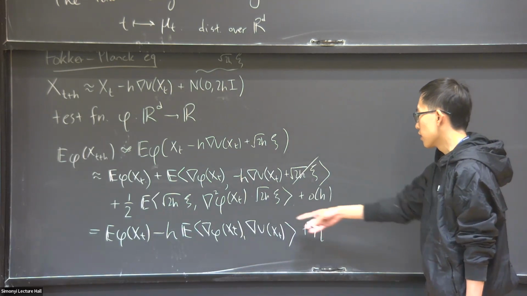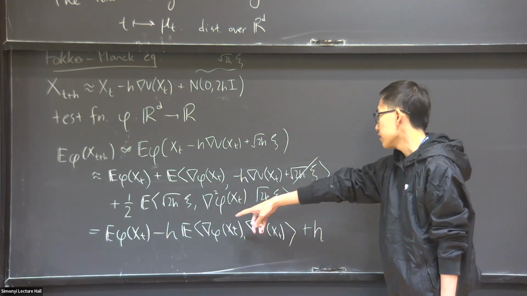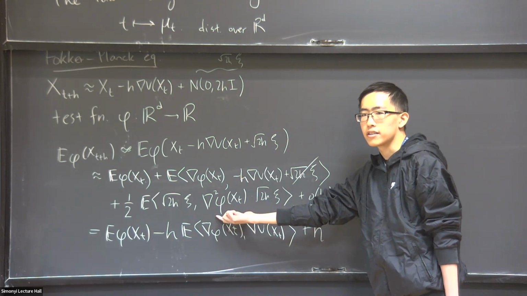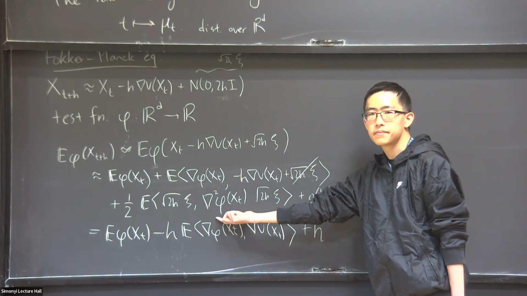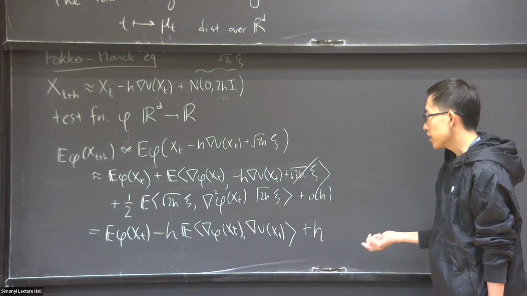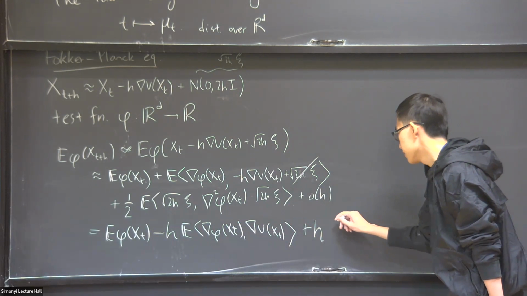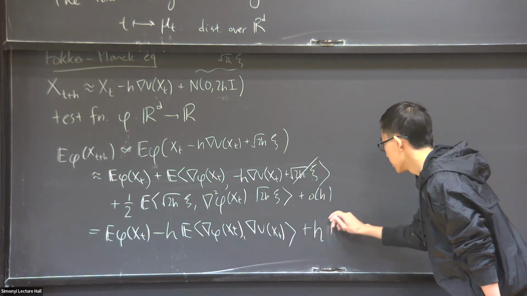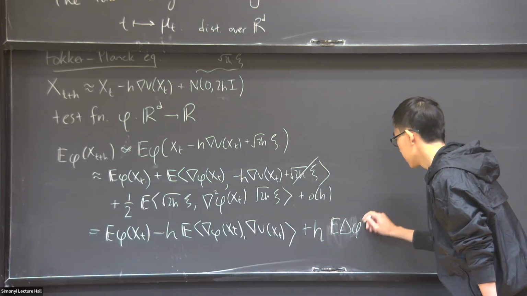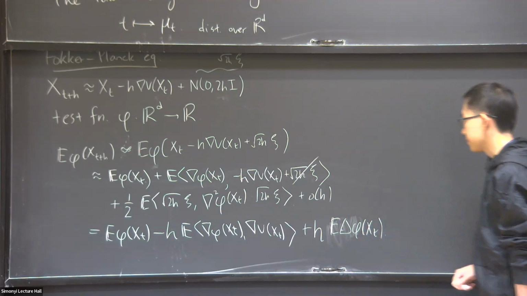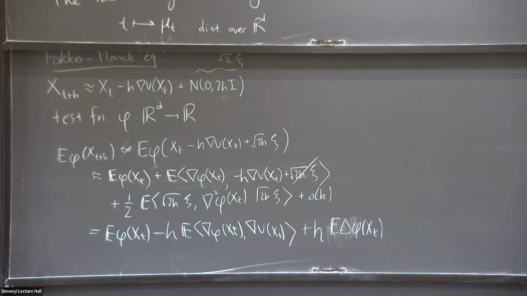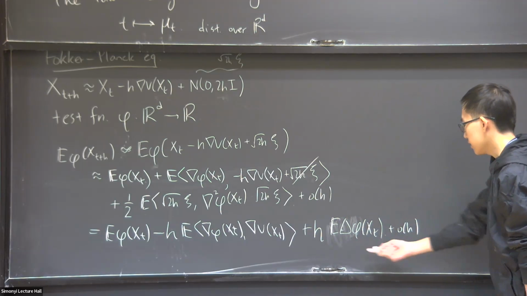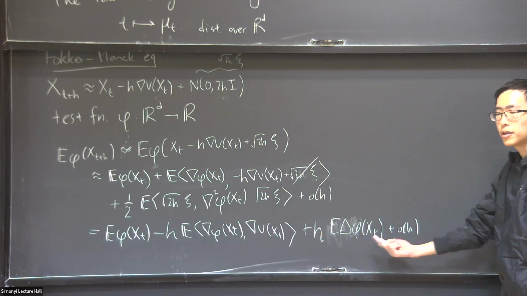And when you take the inner product of xi with some matrix, you'll get the trace of this matrix. And the trace of the Hessian is also called the Laplacian. So we'll call this the expectation of the Laplacian, plus little o(h) terms. This is the extra term that's contributed by Brownian motion.